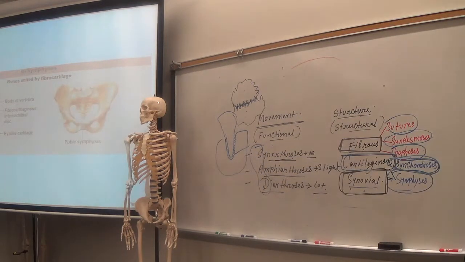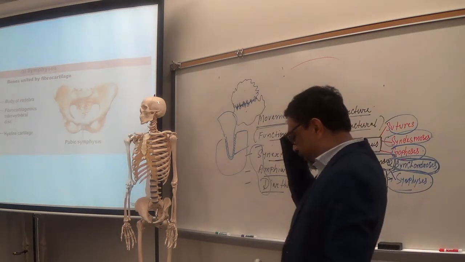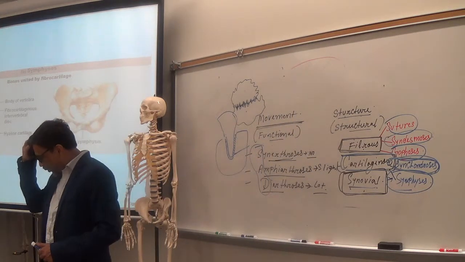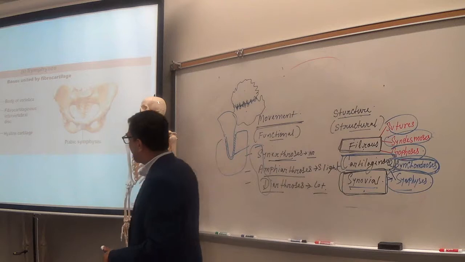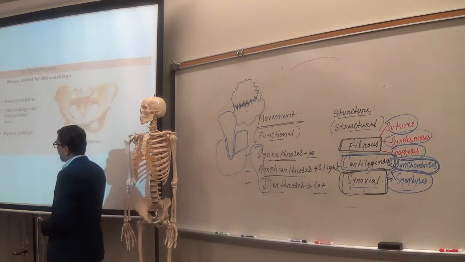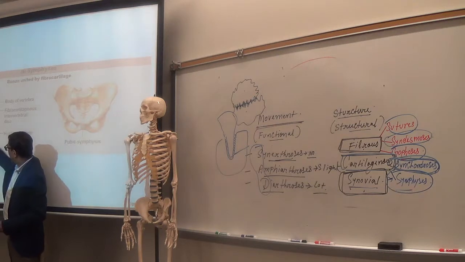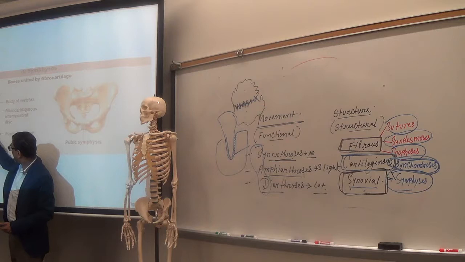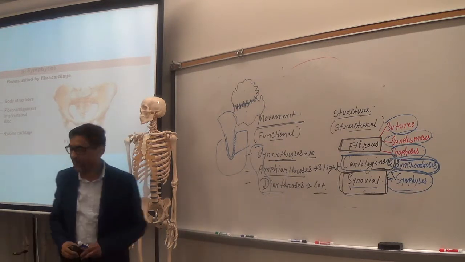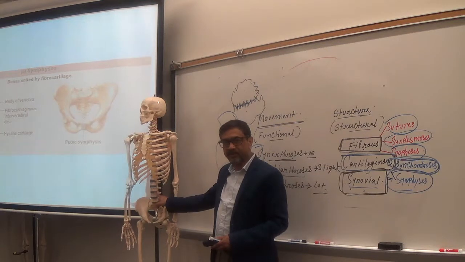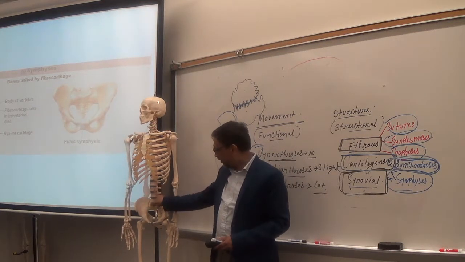Here you see the bones are connected by fibrocartilage, so symphysis. Example, vertebrae are attached to each other by fibrocartilage, intervertebral discs here. These are fibrocartilages. Make sense? So symphysis.